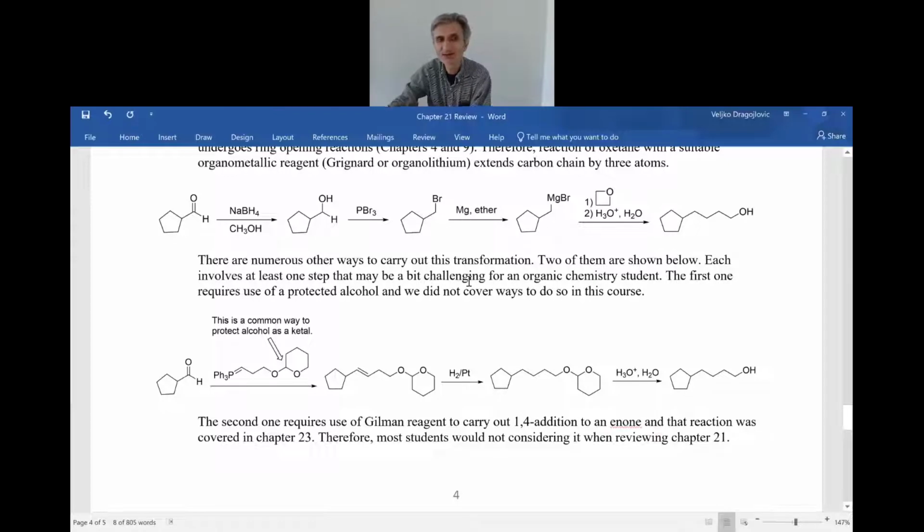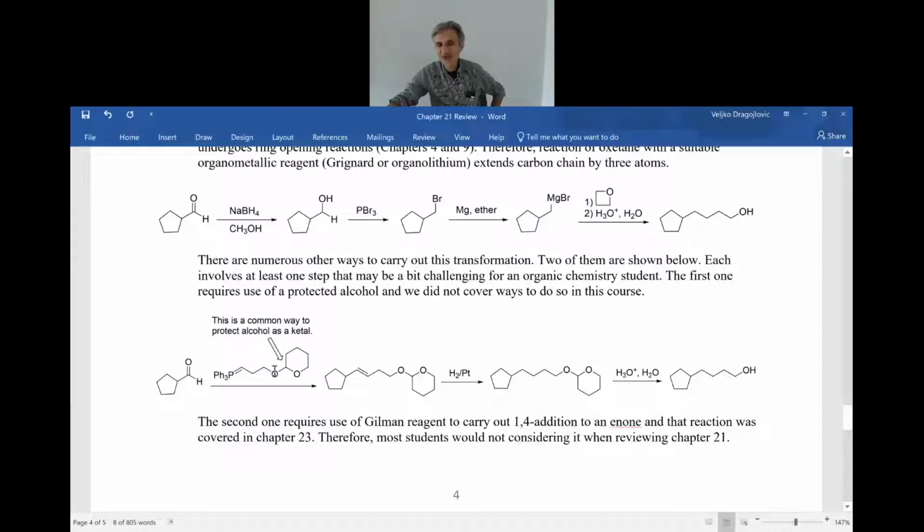And then there are numerous other ways to carry out this transformation. Basically, the larger the molecule, the more ways we have to prepare it. One is, for example, to use this protected Wittig reagent, a Wittig reagent where the alcohol group has been protected as a ketal. This is a common way to protect alcohols. We did not cover that in the course. But this protected alcohol group is really easy to prepare.